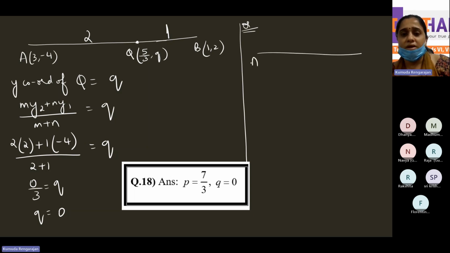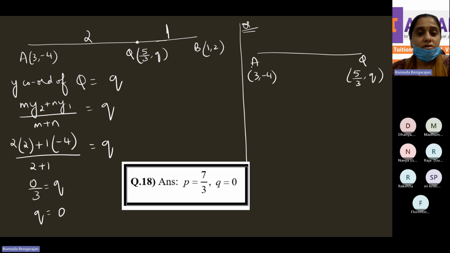Okay, so A is 3 comma minus 4, and this one is 5 by 3 comma q. You've taken the line segment AQ. Anything you can take.